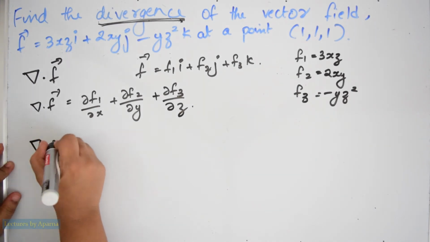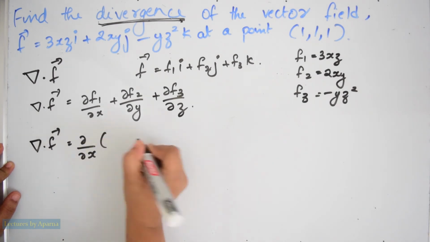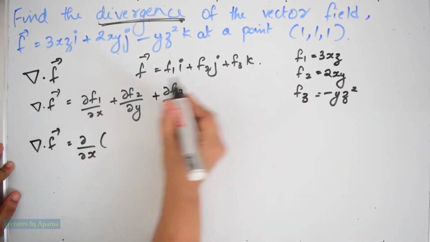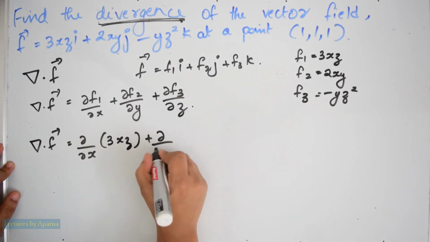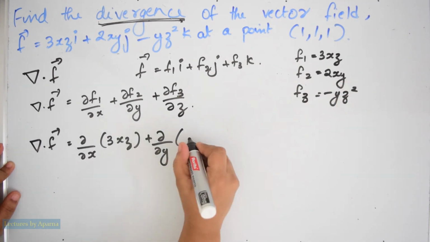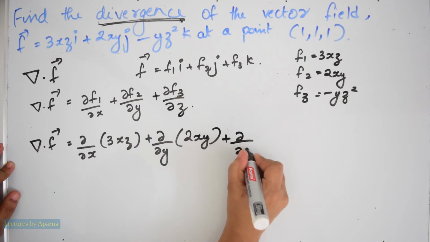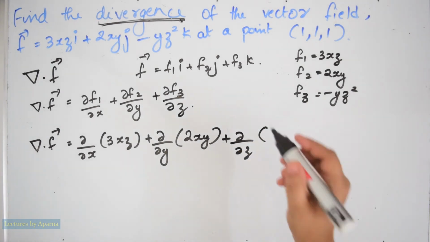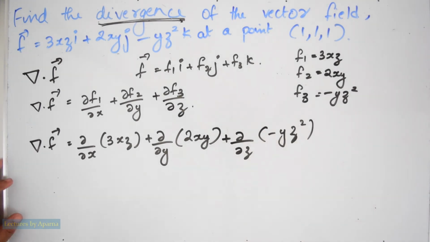From this we have to find del dot f, which will be equal to dou by dou x of f1, which is 3xz, plus dou by dou y of f2, which is 2xy, plus dou by dou z of f3, which is minus yz square. Now do partial differentiation here.